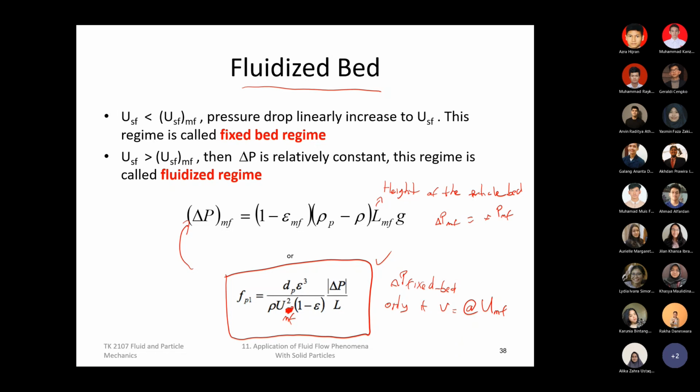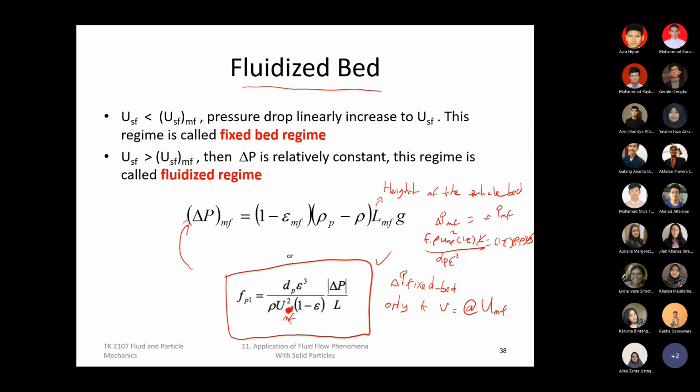Now you can derive that your F rho UMF square (1 minus epsilon) L per dp epsilon cubic will be equal to (1 minus epsilon)(rho minus rho g) L. Okay, in that way, you can be flexible with what is not known, or what's being asked by the exercise.